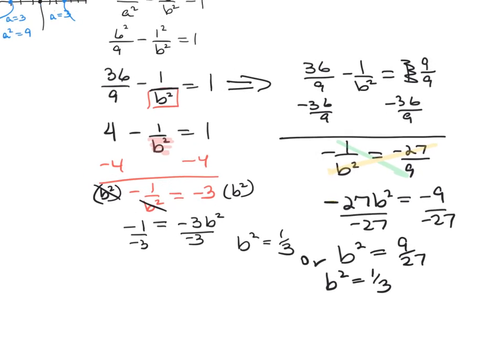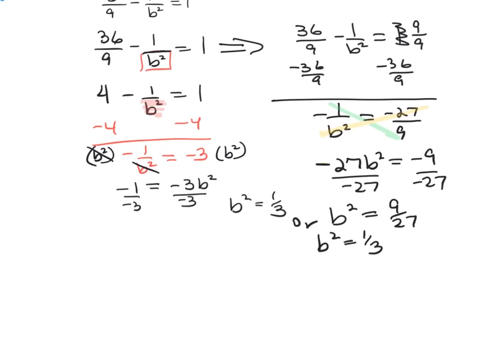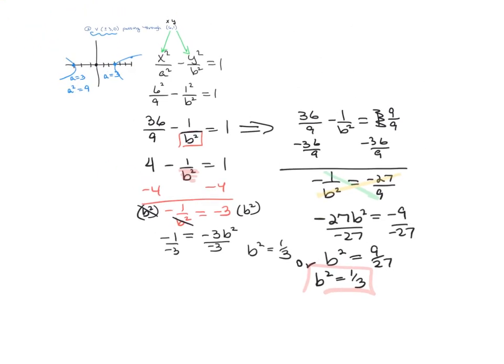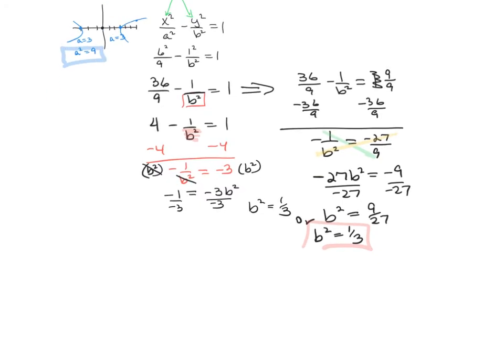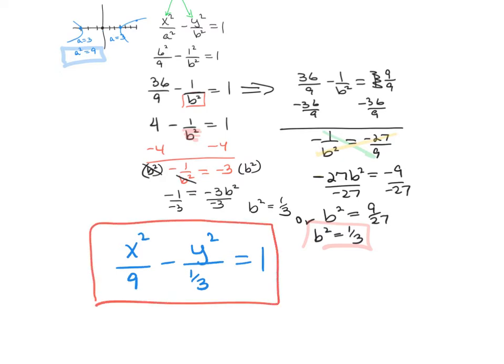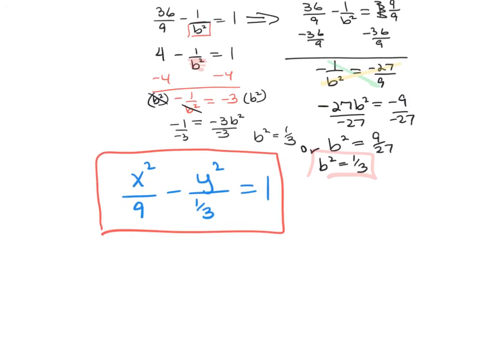Now that I found b squared and I had a squared from just counting the lines, let's plug it into the equation. So it's going to be x squared over 9 minus y squared over 1/3 equals 1. Now, in this format, generally you should not be leaving a fraction in a fraction here.